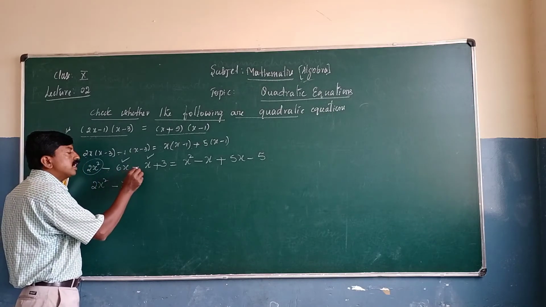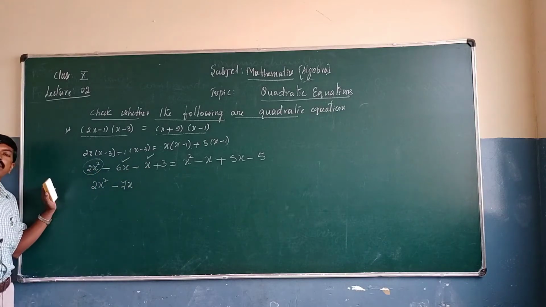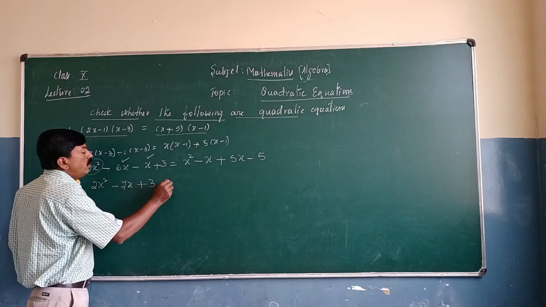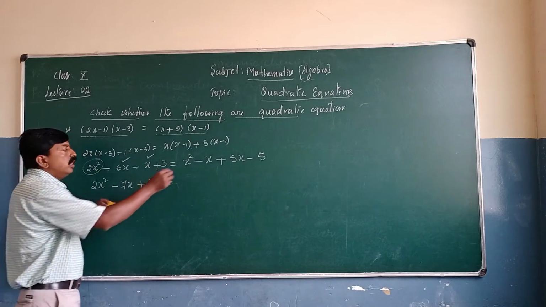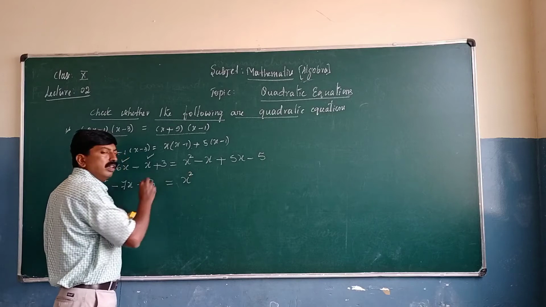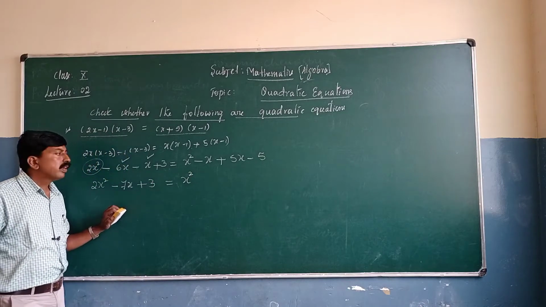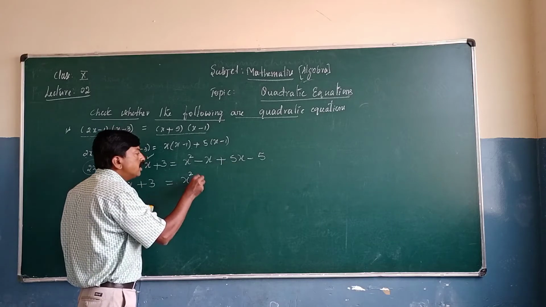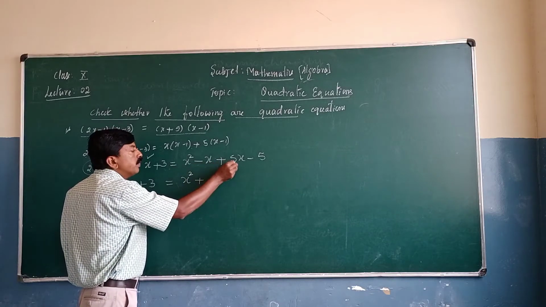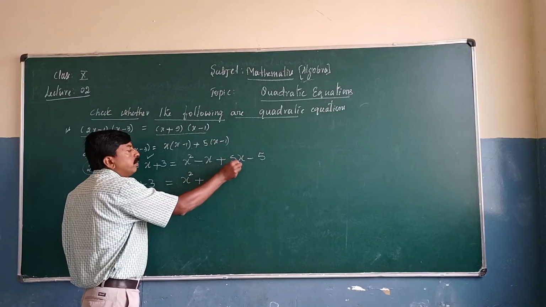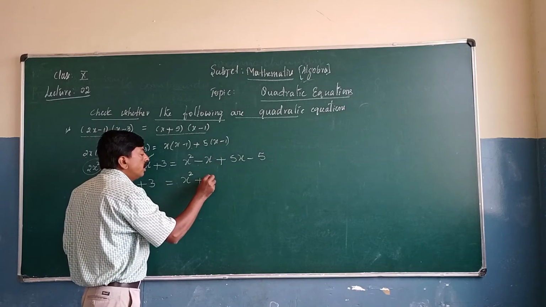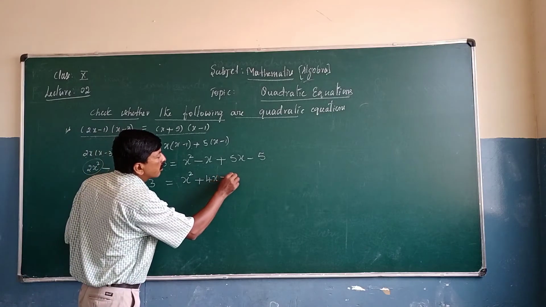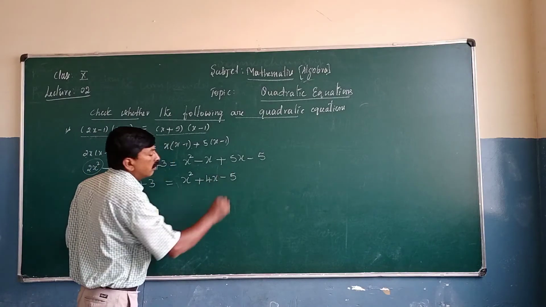Therefore minus 6x minus x is minus 7x. Plus 3, that constant write as it is, which is equal to x square, 1 like term, minus x plus 5x, bigger sign plus, because 5 is greater than 1, 5x minus x is difference of the terms, plus 4x, minus 5.